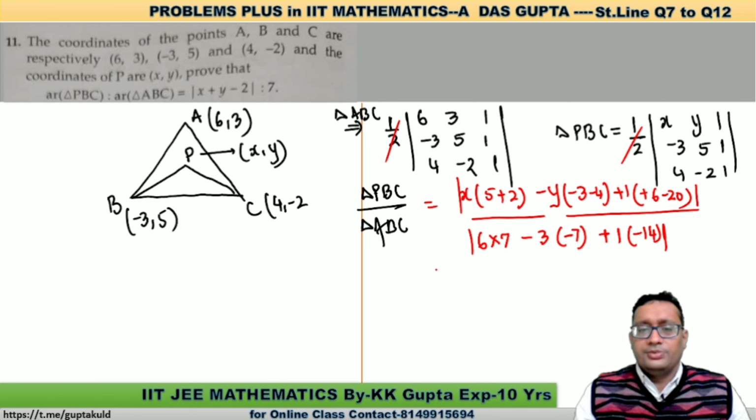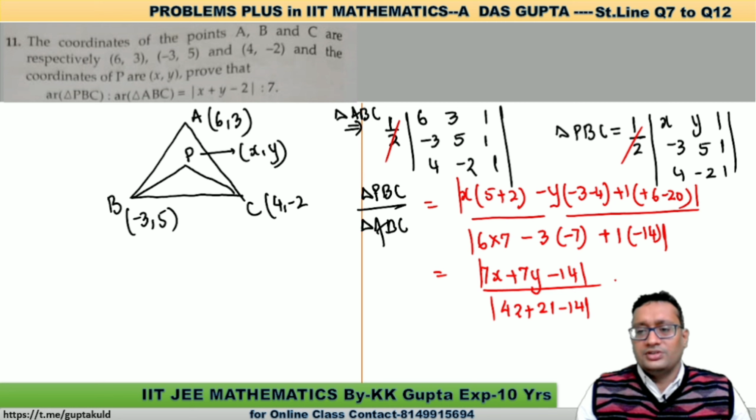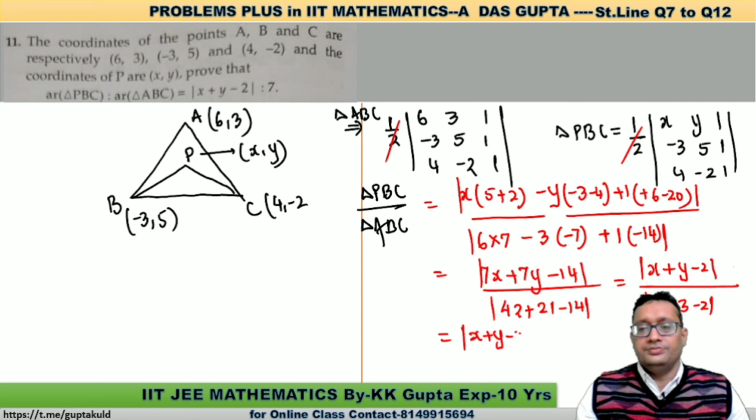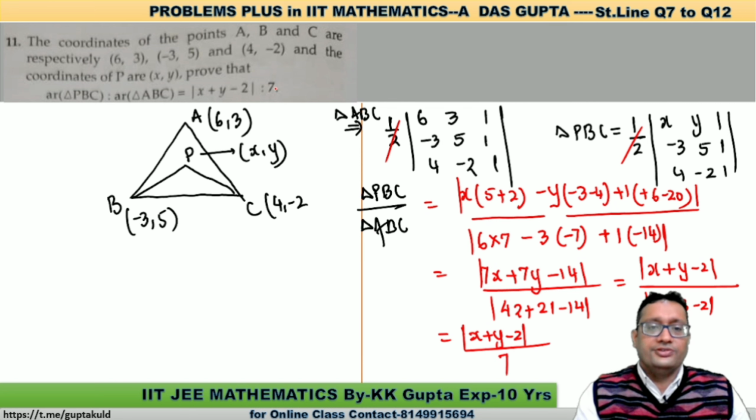So this becomes 7x plus 7y minus 14, divided by mod, this becomes 42 plus 21 minus 14. Taking 7 common, 7 gets cancelled, this becomes mod of x plus y minus 2, divided by, this is 9 minus 2, that is 7. So this is proved.